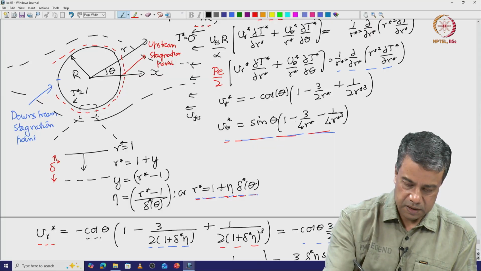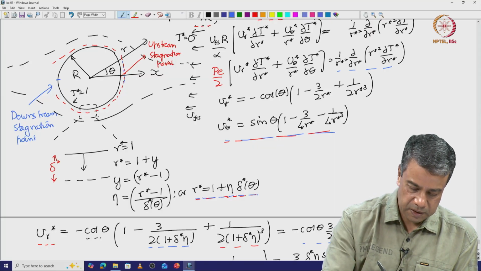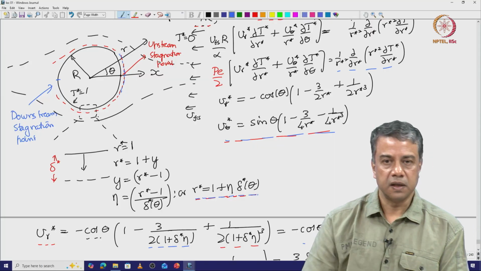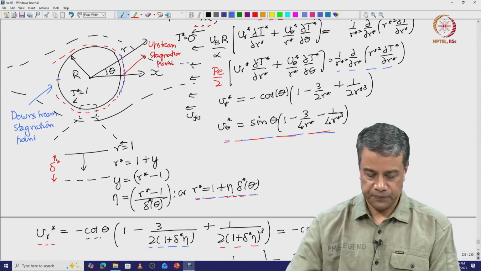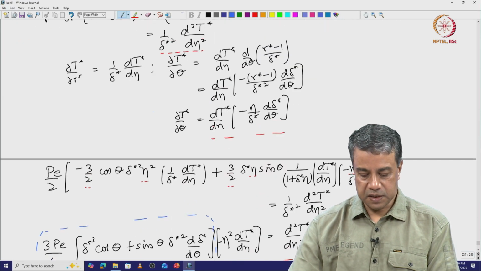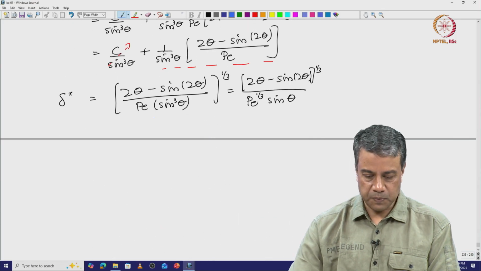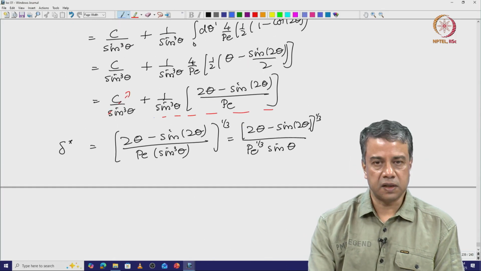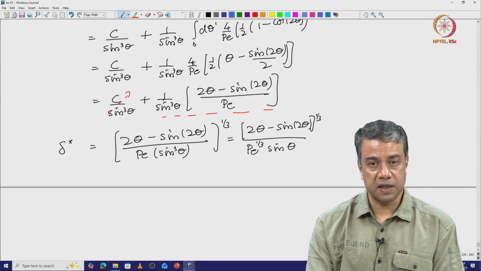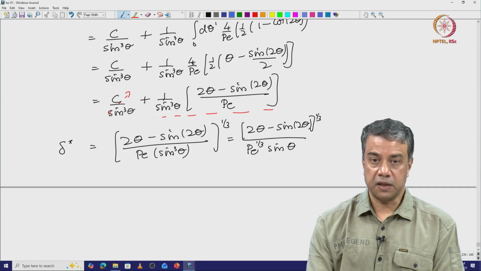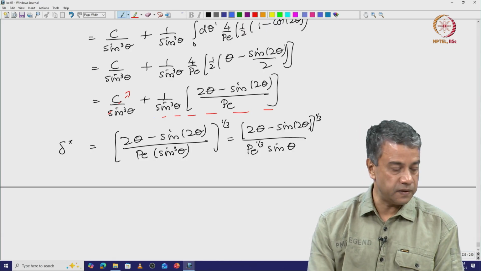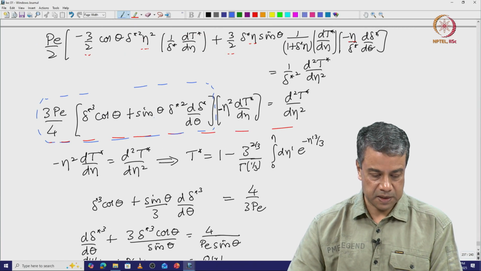However, in the limit as theta goes to pi, I have 2 theta, that is 2 pi, divided by sin theta, that goes to infinity. Therefore, the boundary layer thickness goes to infinity at the downstream stagnation point.